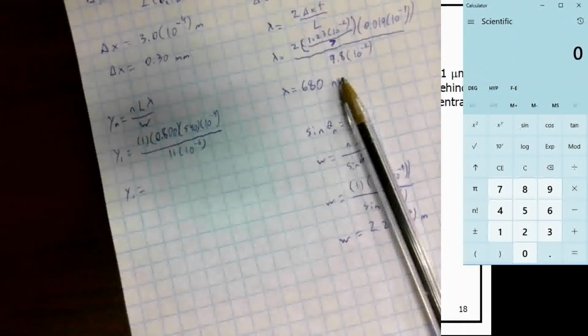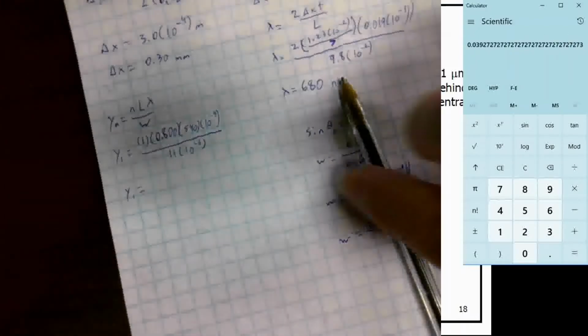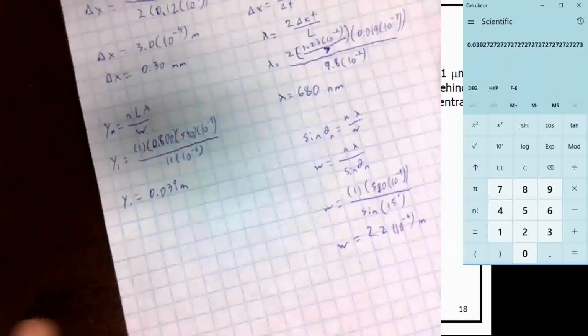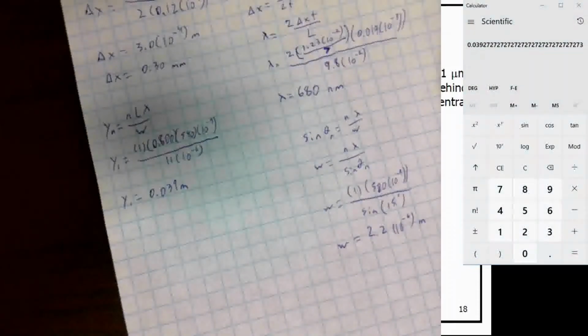Now, typically when I do these calculations, I don't reduce the values, just to show you how everything works out. But using some exponent laws, I know that 10 to the negative 9 divided by 10 to the negative 6 is 10 to the negative 3, so I can simplify it like that. And then I divide by 11. I end up with a yn of 0.039 meters because I'm limited to 2 significant digits by the 11 micrometers and the 540 nanometers.